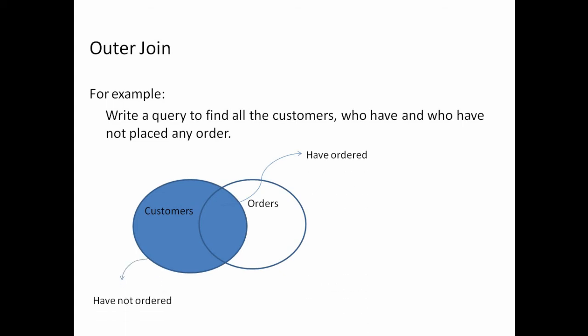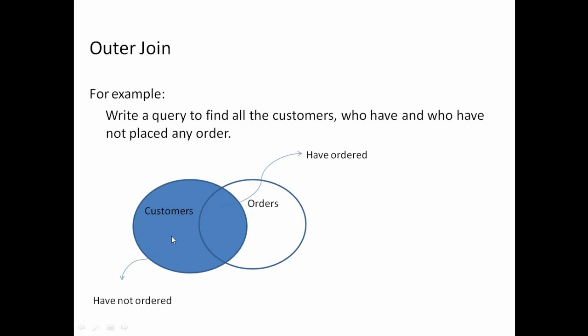In this one, the intersected part is the customers who have placed the order, and the customers who haven't ordered are represented by this area. So we need this area along with the intersected part. So in this case inner join will not work. If we just need the intersected part, then we can use inner join, but since we need the customers who haven't ordered as well, we need outer join.